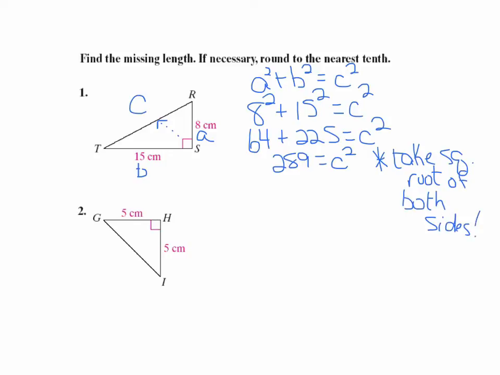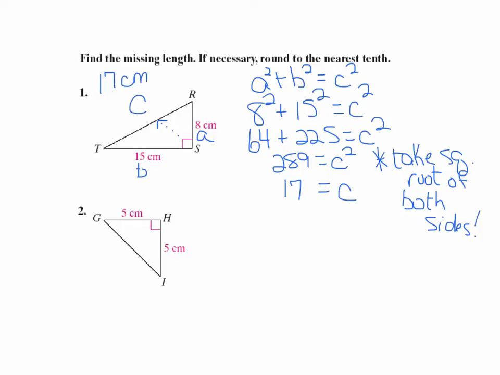All right, so the square root of C squared is C. The square root of 289, you're going to hit your square root key on your calculator, and you're going to get that C is 17. So the hypotenuse here is 17 centimeters. Okay? All right, now that one was a nice whole number.